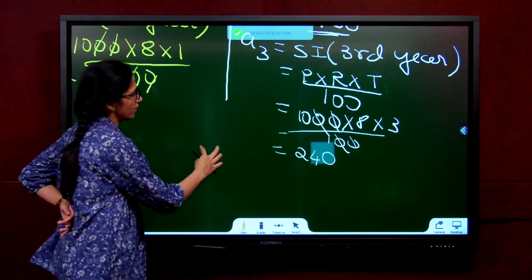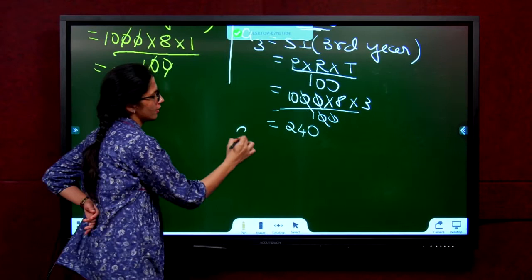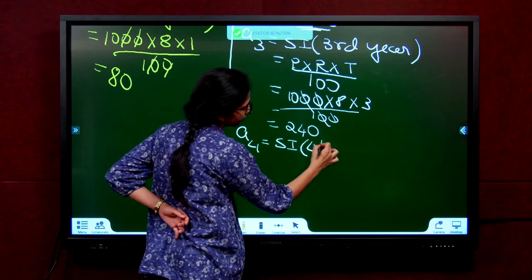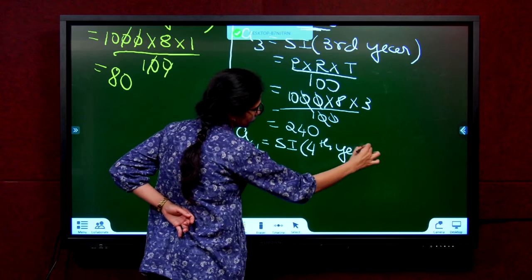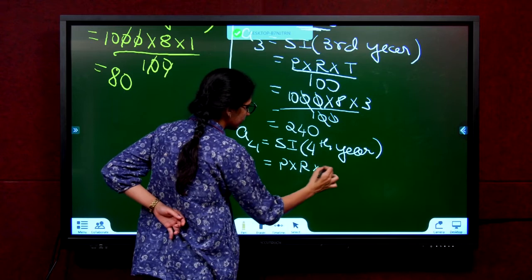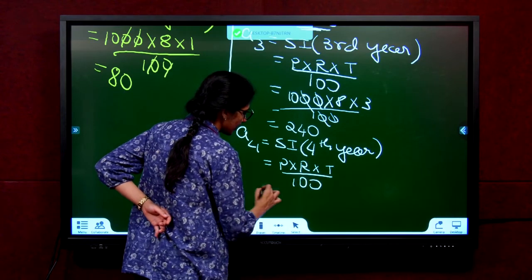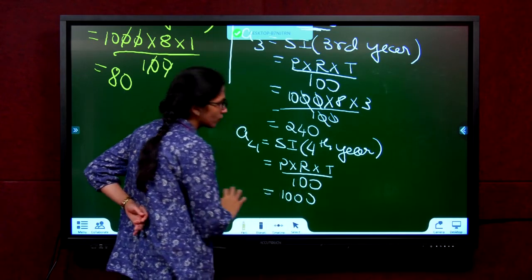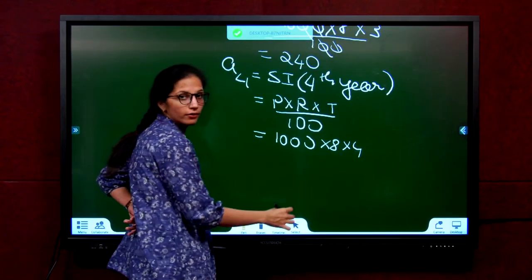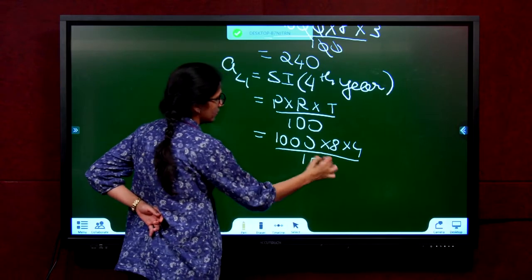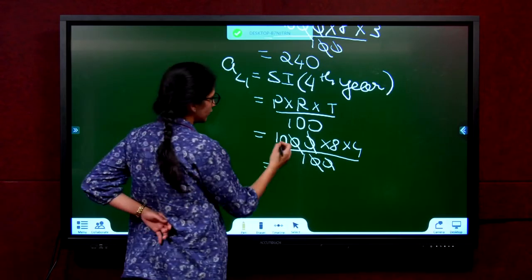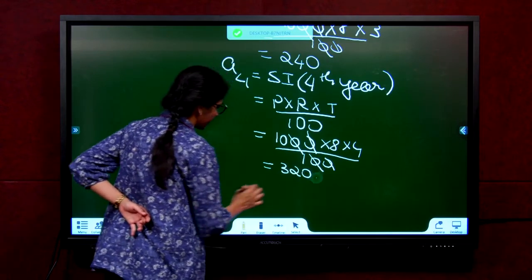So we want to go for one more. So we will go for A4, simple interest of the fourth year. P into R into T by 100. 1000 into 8 into 4 divided by 100. 0, 0, 0 cancel. 8 4s are 32. 32 into 10, 320.